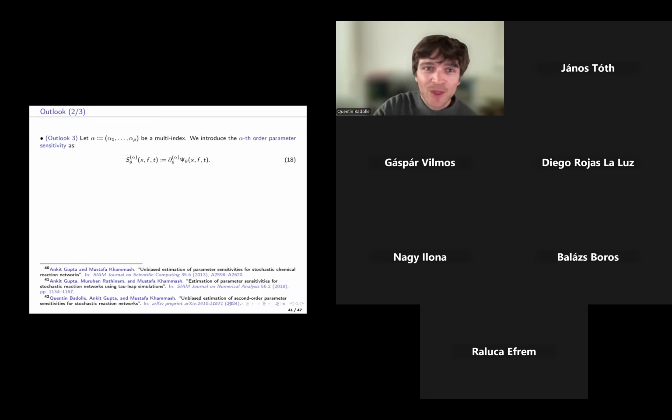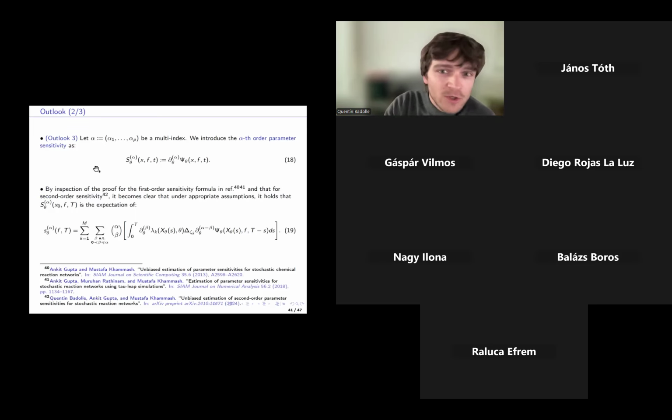Now, a third outlook: you may say, so now you have a representation for first order sensitivity and second order sensitivity. How does it look for alpha order parameter sensitivities, which we just defined with this multi-index?